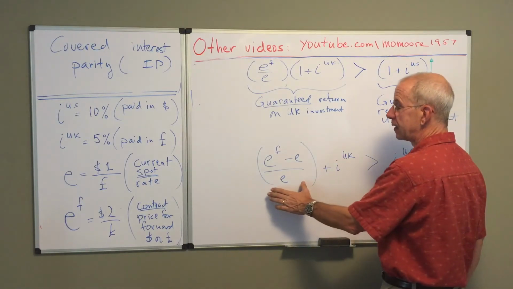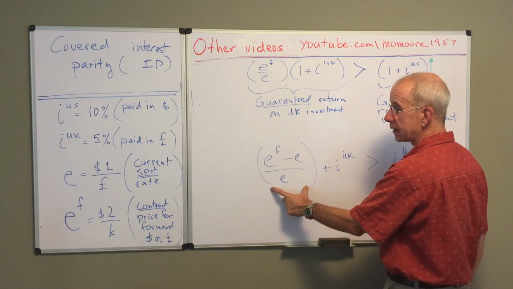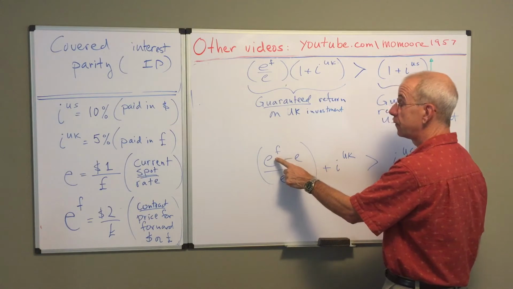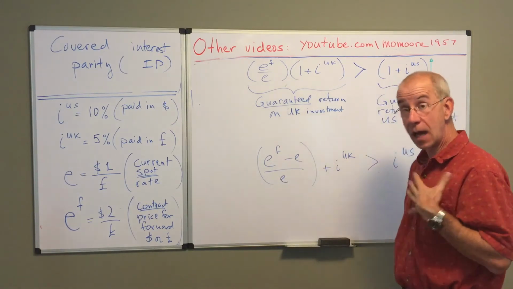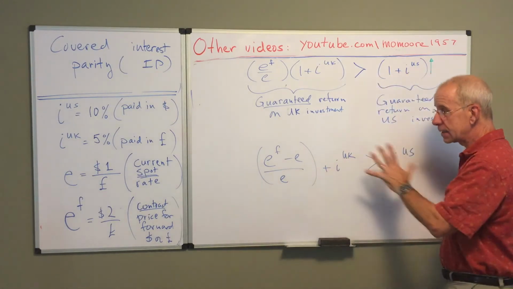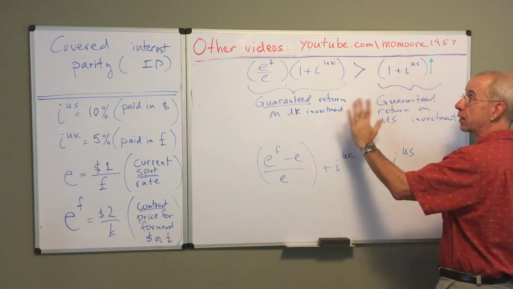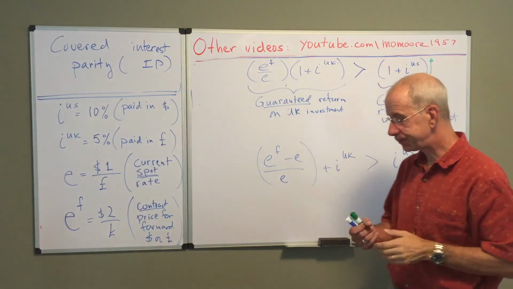And if this part is positive, so that the contract price for future delivery for dollars exceeds the current, then that means that the dollar is selling at a forward discount. And so in this example, we have these inequalities going this way, where the UK investment is more attractive than the US investment.